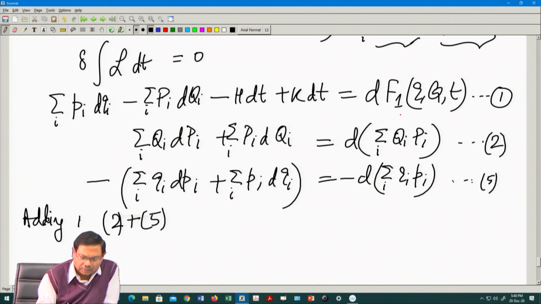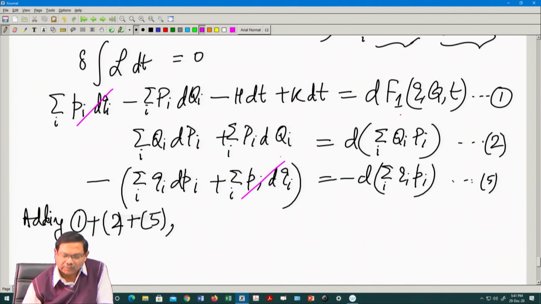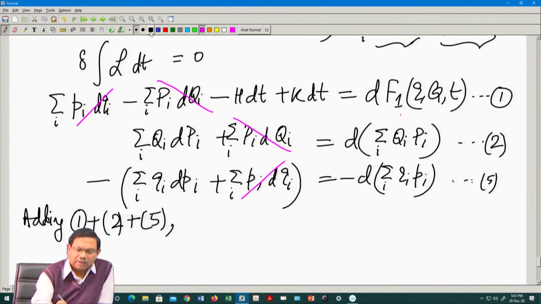So, adding 1 plus 2 plus 5, if we add all of them, you see p_i dq_i will cancel with this, and the P_i dQ_i will cancel with this, and whatever is left, that is what we are going to write now.